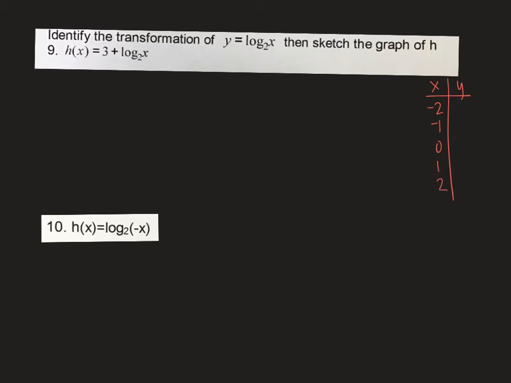Just for the use of the table in numbers 9 and 10, when we're looking at the regular log base 2 of x, so for 2 to the x, we're going to have this table, which means for our logarithm, we're going to reverse those.